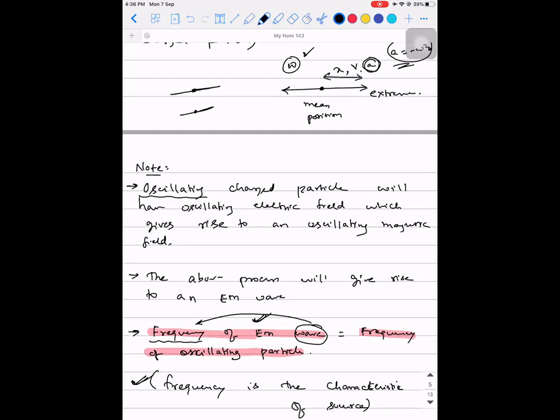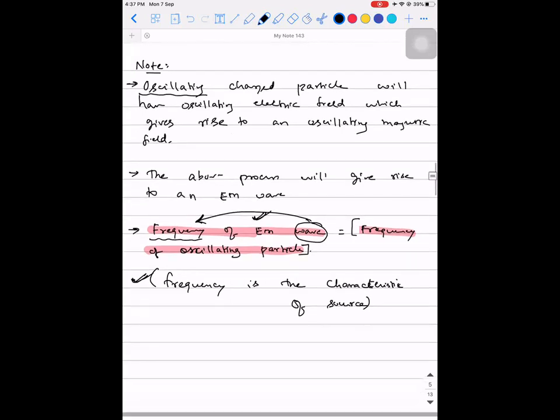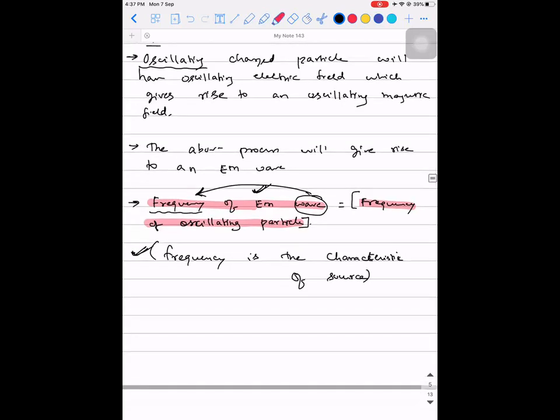Let's say in 1 second it goes like this twice, then its frequency will be 2 units, means it is able to complete 2 oscillations. So whatever is the frequency with which the oscillating particle is moving, the electromagnetic wave will also have the same frequency. Okay. Thank you, sir. And this is an important point. Please make a note of it. Frequency is the characteristic of source.